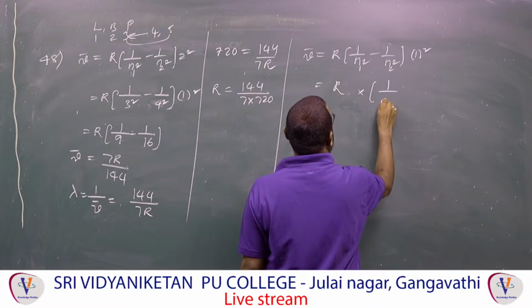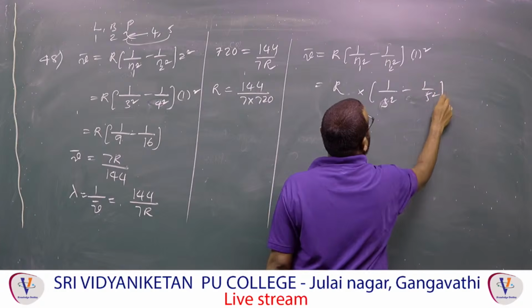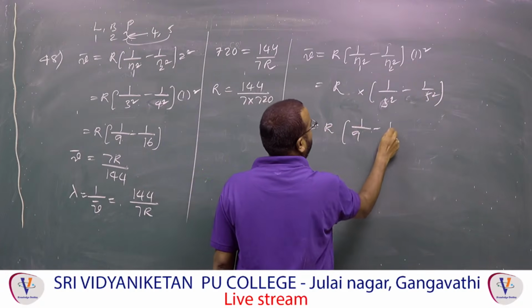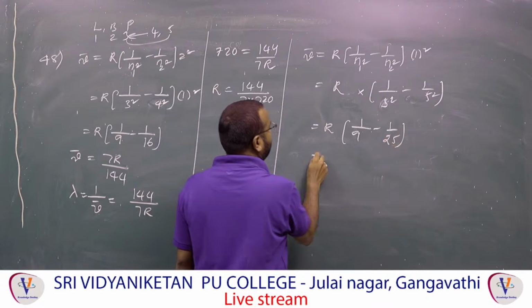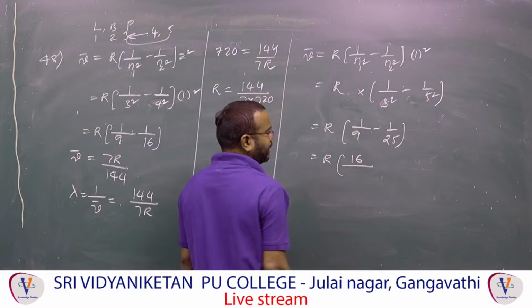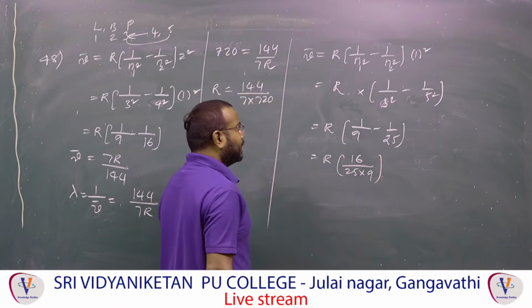n1 square is 3 square, minus 1/5 square. So R into 1/9 minus 1/25, R into 25 minus 9 is 16, and then we have 25 into 9. We'll keep it this way.